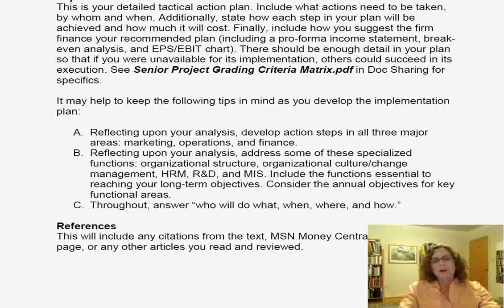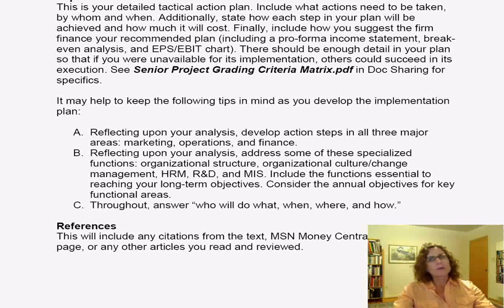Second, you want to think about your analysis and address some of the specialized functions. For instance, the organizational structure: is that going to work as is, or do you need to perhaps reconfigure things? What about the organization's culture? How are these issues of change going to be affecting the culture?